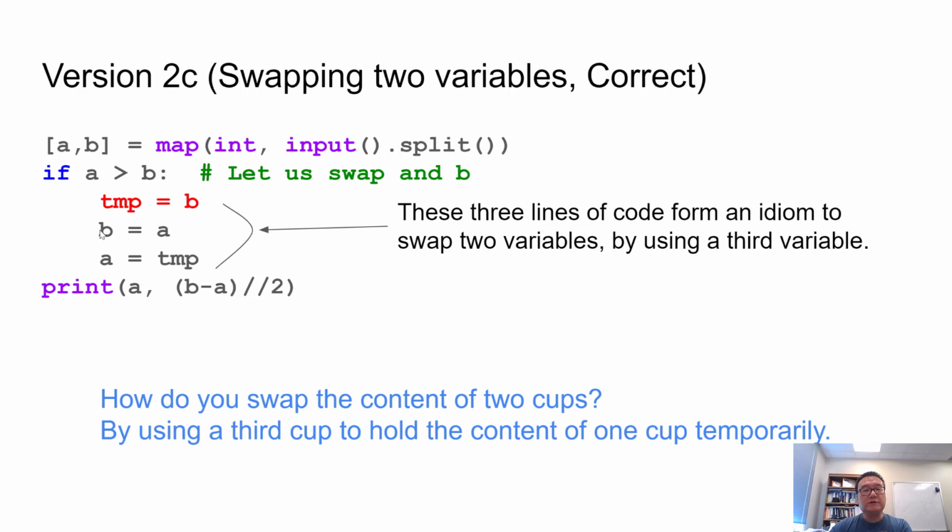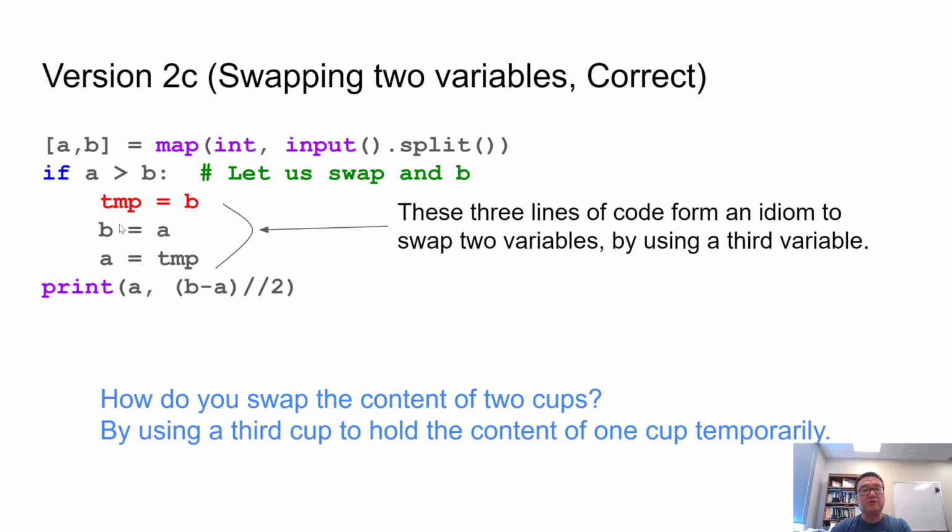And second, when we assign B equals A, there's also a difference from the analogy of pouring liquid. B originally contains something. So in order to put the new value in, if it's a cup, you need to dump whatever is in B, and then you can pour the content of A into B. Here there's no explicit dumping, but whatever is stored there gets overwritten.